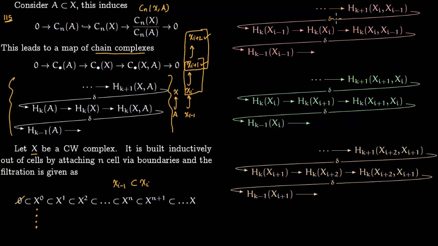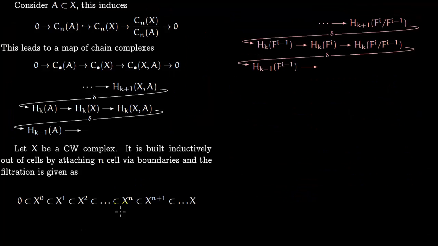So we have to fit these three exact sequences together. This long exact sequence you have to fit in a staircase diagram with this long exact sequence, with this long exact sequence, to get a spectral sequence or to get an exact couple. So let us repeat this argument for a filtration. For a filtration, instead of writing spaces like this, for any space X you write its filtration.